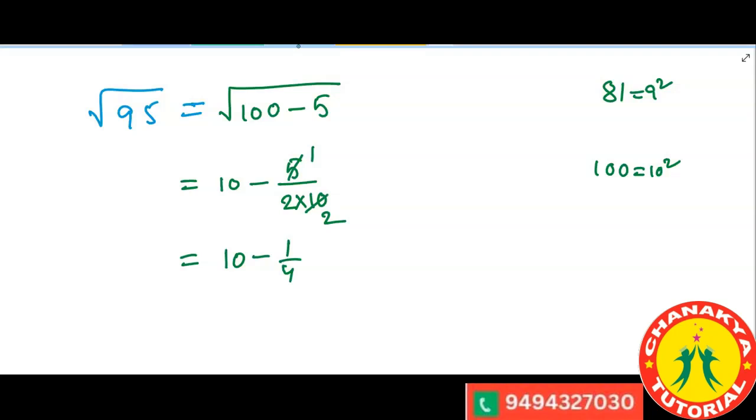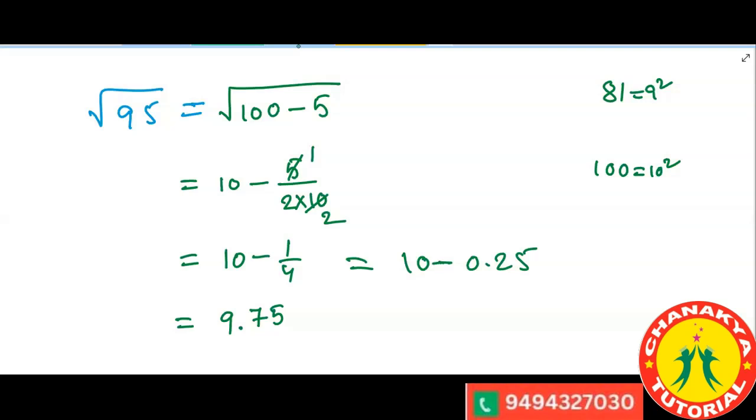So 10 minus 0.25 is how much? 1 by 4, if you represent it as a decimal fraction, is 0.25, not 0.2.